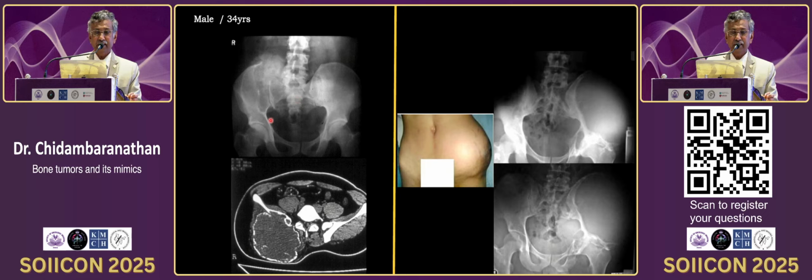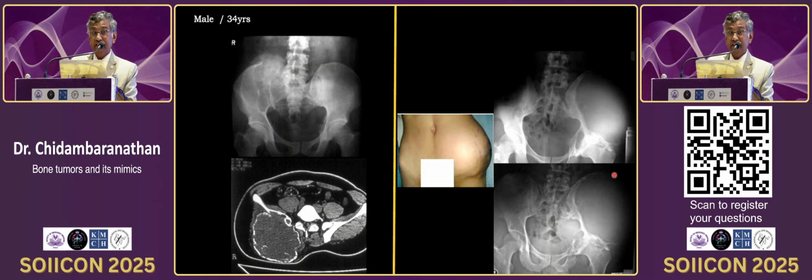Actually, it shows a large lytic lesion, an expansile lesion with a peripheral rim, a typical eggshell type of lesion. So what do you think? This is a cystic component, this is also cystic and expanding, and in another patient there is a large lesion in the left iliac wing, expanding.